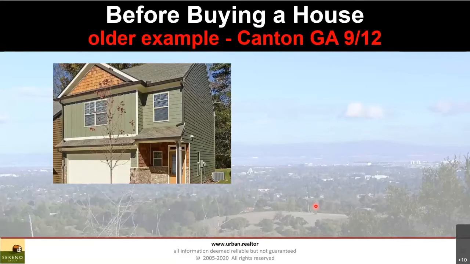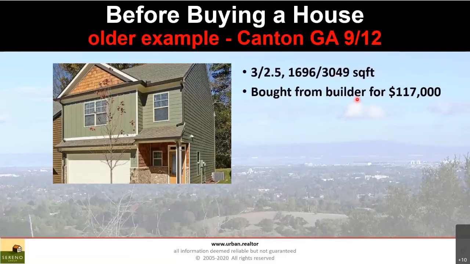This is another example, and this is in Canton, Georgia. As you can see, this was bought during the previous financial crisis. This is a townhome that we bought from the builder directly. It's a 3-bedroom, 2.5 bath, 1,600 to 1,700 square feet on a relatively small lot. So with this particular home, we have very limited availability of doing what we call the strategic improvement because it's a very small lot.